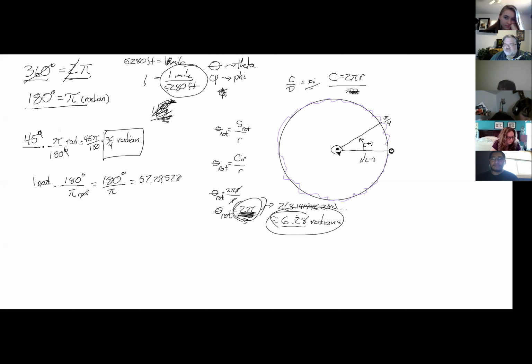This will go on forever. It will be an irrational number, but I'm going to round it to there. So 57, how about 0.3 degrees? Ish.